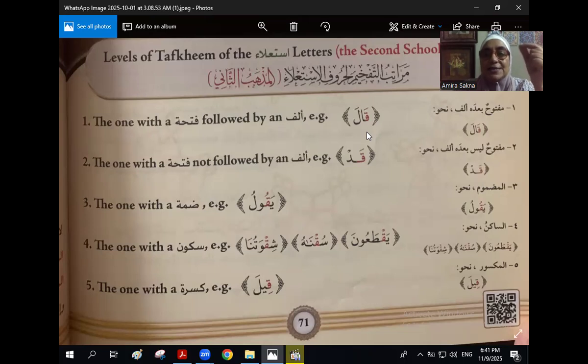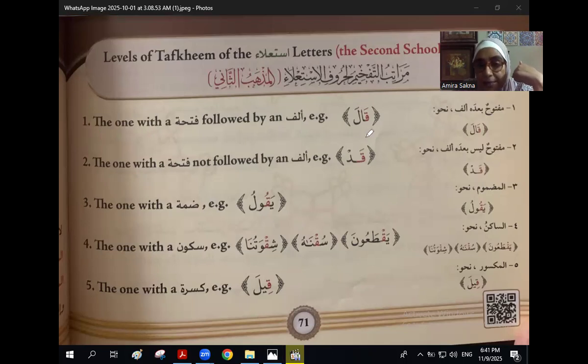Because simply, if I say qad and qal, if I say qal, my dear sisters, here the echo has more time to be felt, because I have the time of fatha, 1 count, and then natural mad alif, 2 counts, 3 counts. So I feel it. The echo has more time. While with qad, it's only the time of fatha. So this is more accurate, and this is the one which we follow.